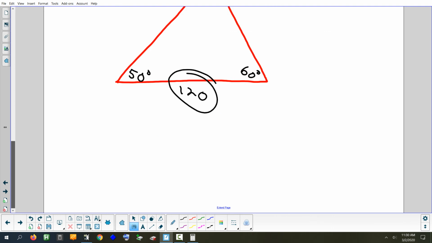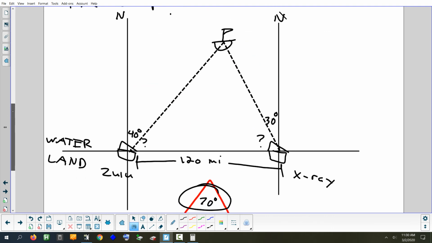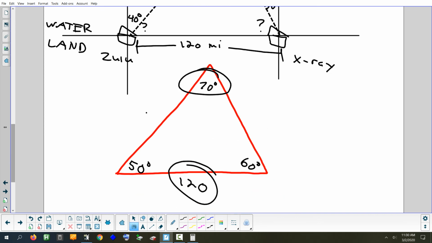All right. So now let's just make up a letter. A, B. It doesn't really matter what you call it. Just remember that when you set up your proportion, it's the sine of an angle divided by what's across from it.